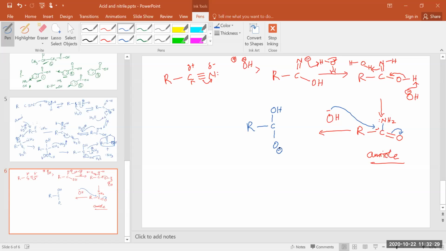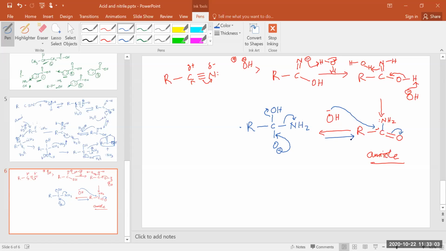See, and all these steps are reversible. And this will go back and this will leave this time. Oxygen, this also can leave, okay? But see, in that case, you will get the backward product.